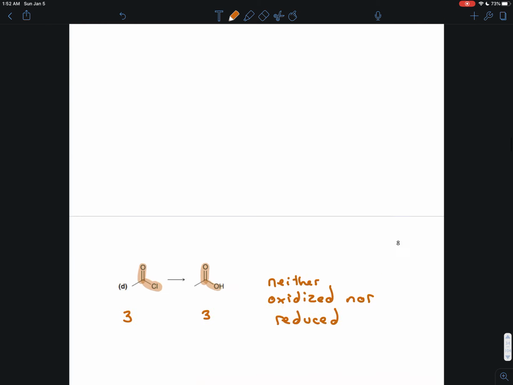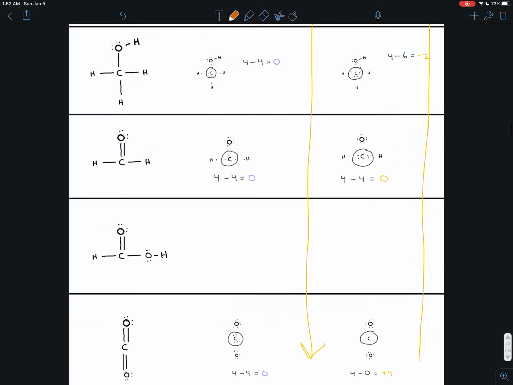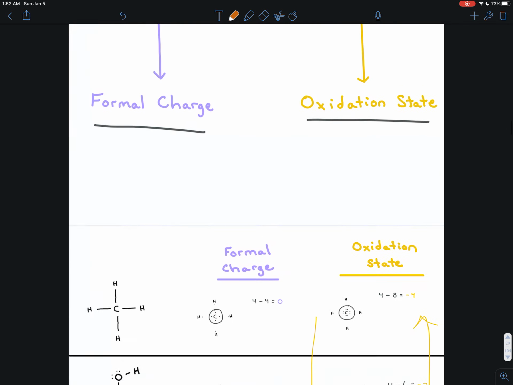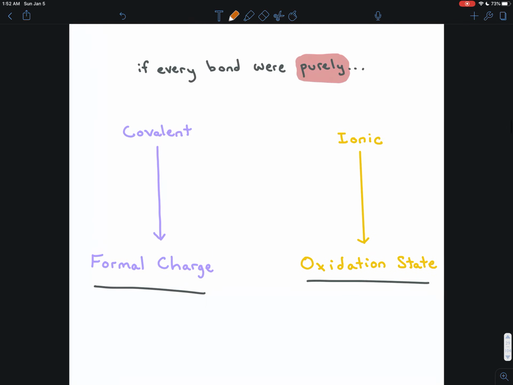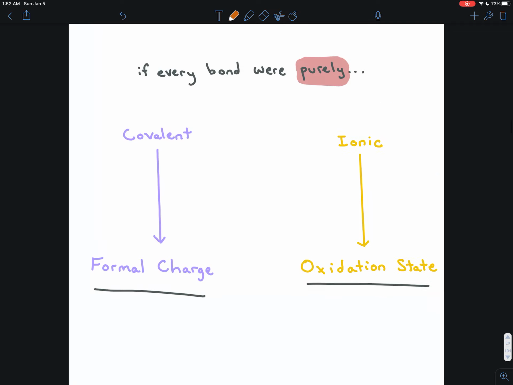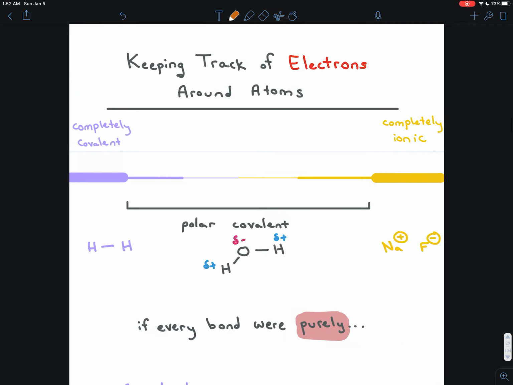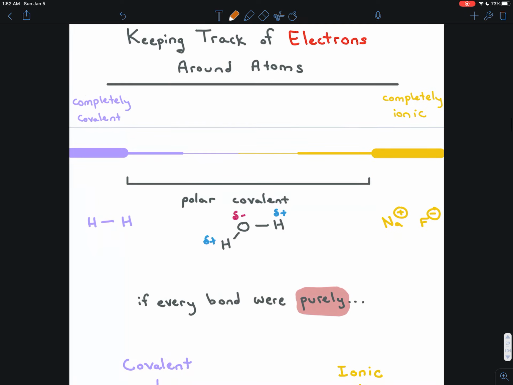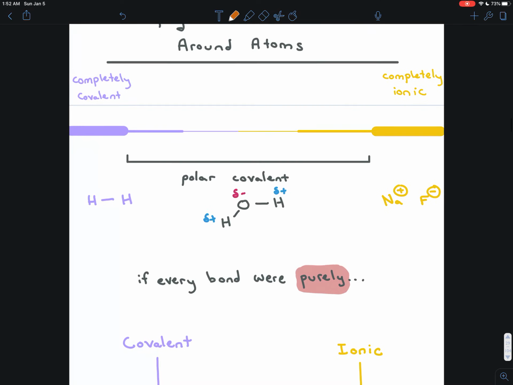So hopefully this video has clarified a little bit the difference between formal charge and oxidation state. Formal charge assumes that all the bonds around an atom are covalent, and oxidation state assumes that all the bonds around an atom are ionic. And they sort of describe the extreme states of what the electrons could be like around the atom.